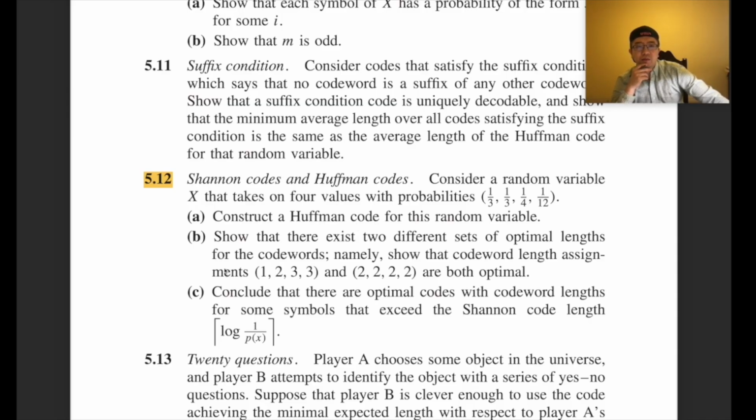In the second part, we show that there exist 2 different sets of optimal lengths for the codewords, namely that codeword length assignments 1, 2, 3, 3 and 2, 2, 2, 2 are both optimal. Basically this means that we have 2 ways of constructing a Huffman code, and both of them have the same average length.